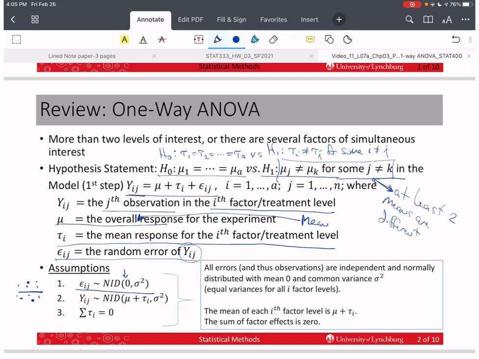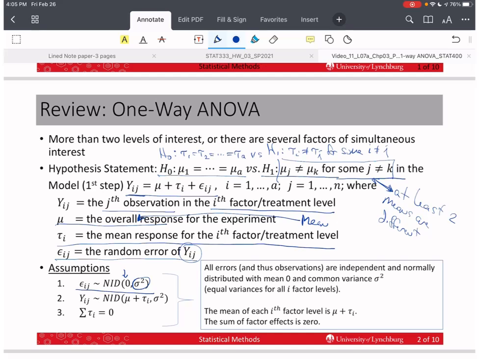They should cancel out because the average is in the middle. Okay. And it makes sense on the population level as well. And then the errors have a common variance, sigma squared.